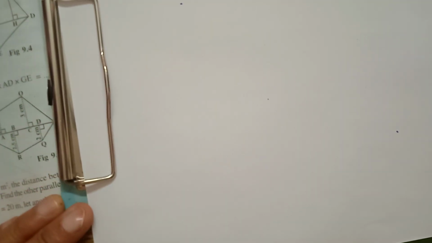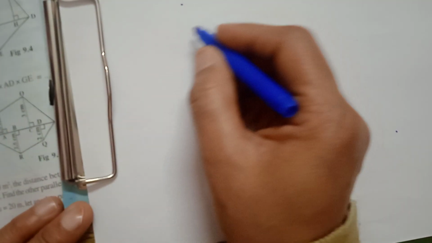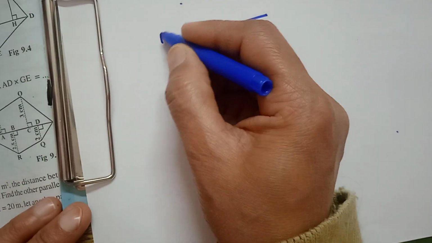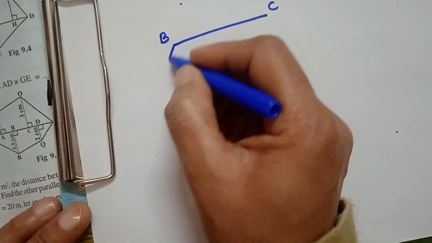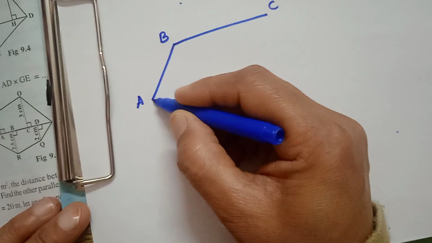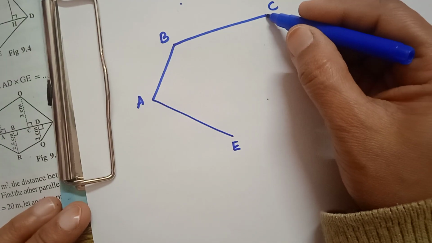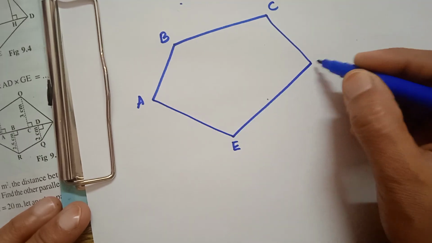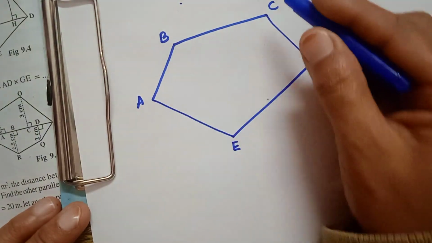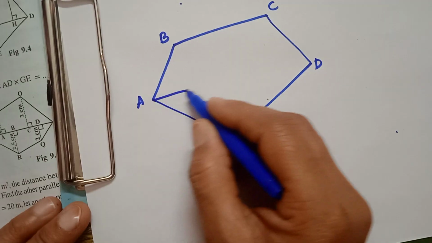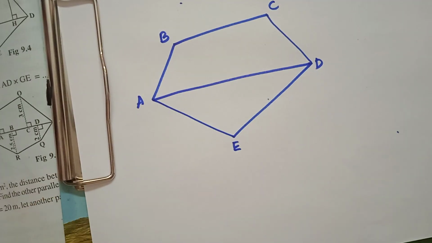Let me draw the picture. A, B, C, D, E, and this is the diagonal AD.